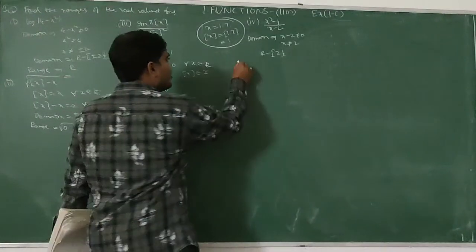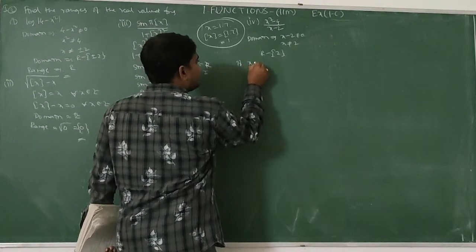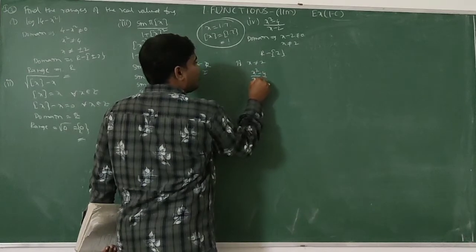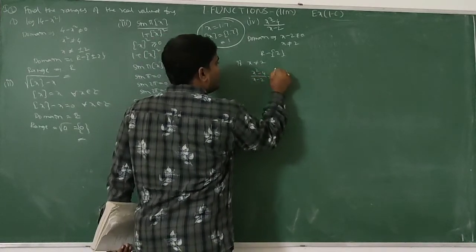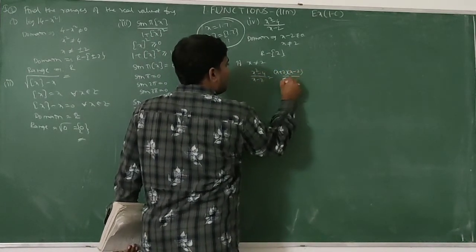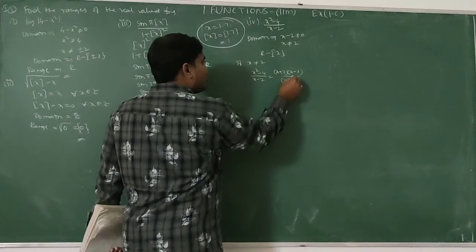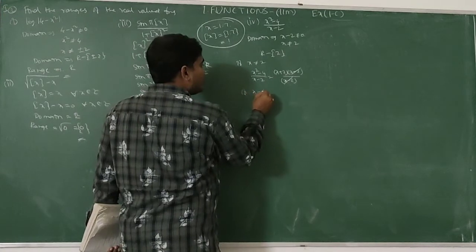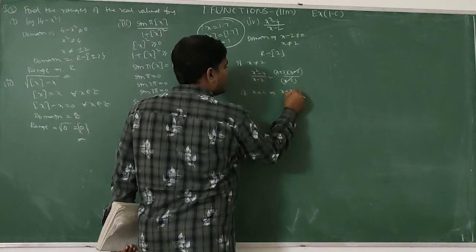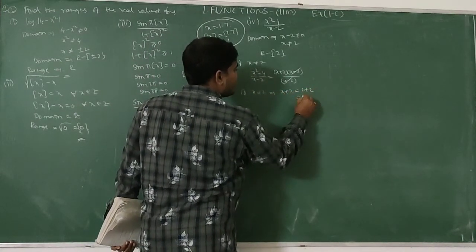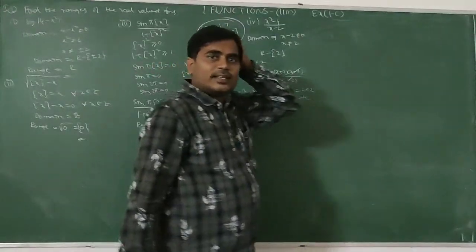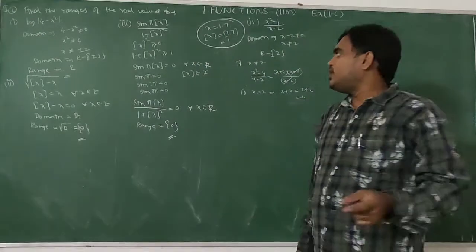If x not equal to 2, x square minus 4 divided by x minus 2 equal to x plus 2 into x minus 2 divided by x minus 2, and x minus 2 cancels. If x equal to 2, then x plus 2 equal to 2 plus 2, which is equal to 4.